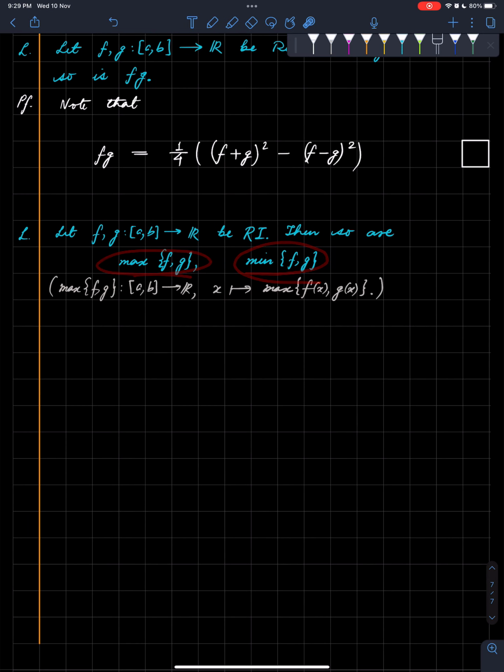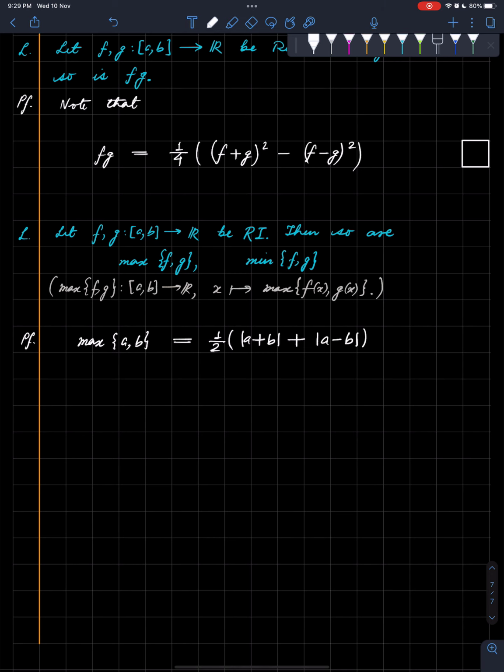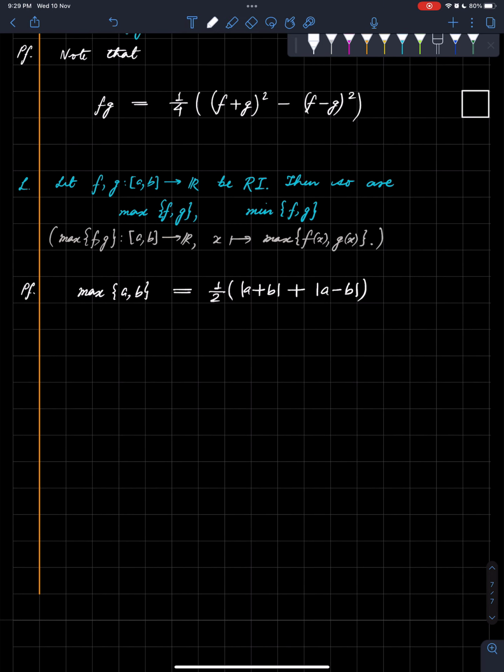This will have a very similar proof. So here is the proof. So the max of any two real numbers a and b is half of (mod of a plus b plus mod of a minus b). So that's just a very simple identity, because suppose a were greater than or equal to b, then this side becomes a and this side also becomes a, because this absolute value goes away.